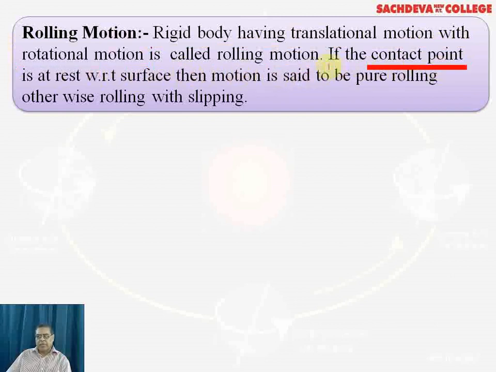If the contact point is at rest with respect to the surface, then motion is said to be pure rolling, otherwise rolling with slipping. So the ball, when allowed to move on the inclined plane, is rolling along with slipping.